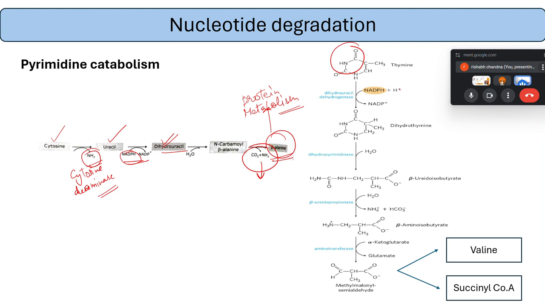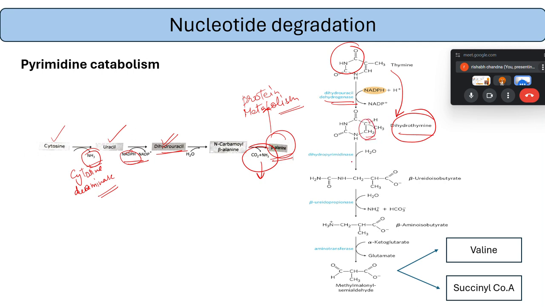Then, talking about thymine, what happens in thymine? First, the dihydropyrimidine dehydrogenase enzyme comes and it basically degrades it to dihydrothymine. Similar to uracil, first uracil is converted to dihydrouracil, the thymine is converted to dihydrothymine by the reduction of this particular bond.